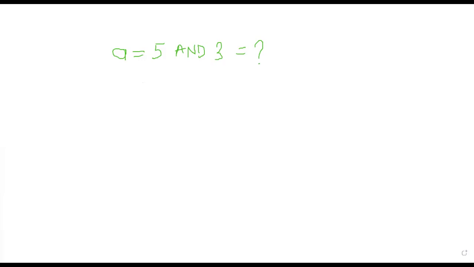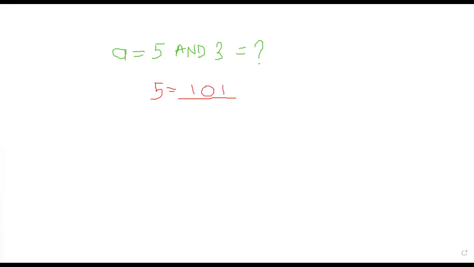First and foremost, how you tackle such a question is that when you take 5, what will be the binary composition of 5? 5 into base 2, what would it be? Computer scientists? 101.